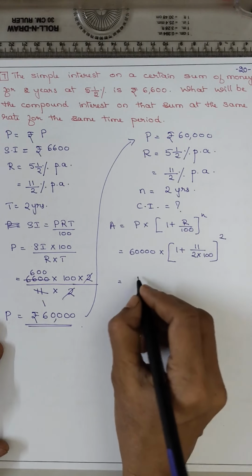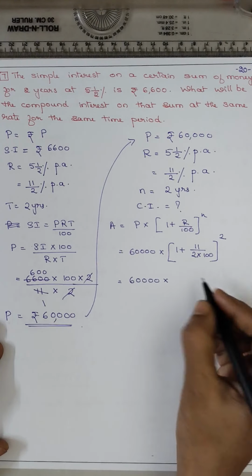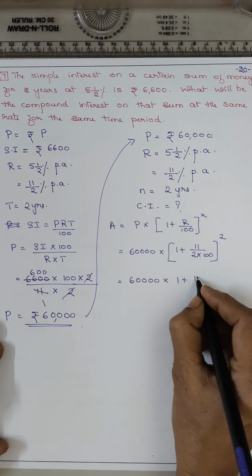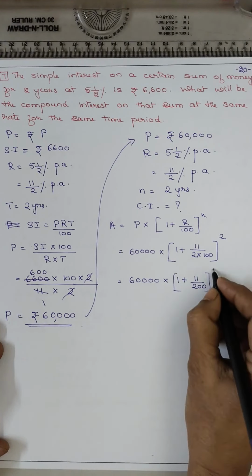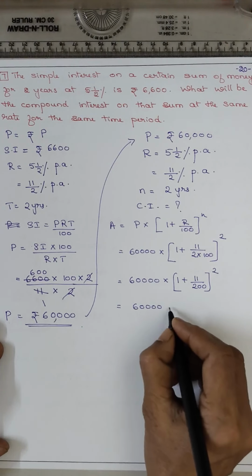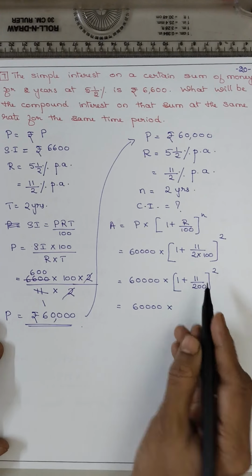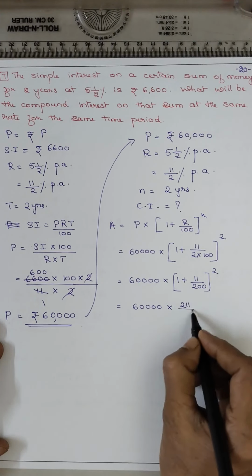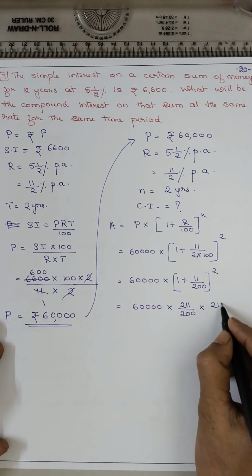There is no cancellation, so 60,000 into 1 plus 11 upon 200 the whole raised to 2. 60,000 into this is 200 plus 11, 211 upon 200, write 2 times.